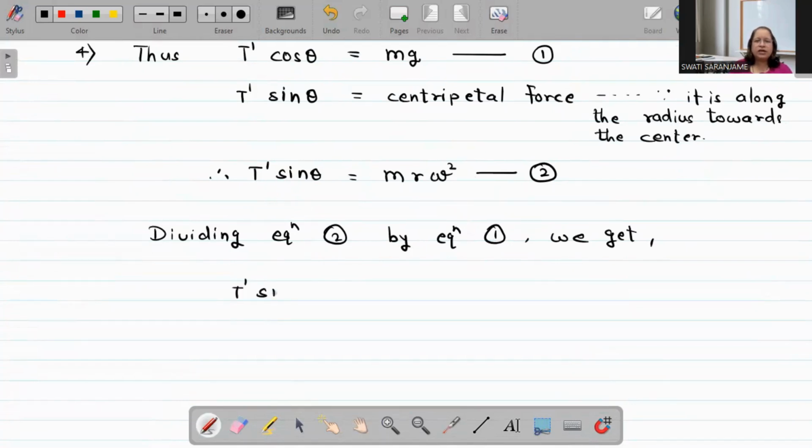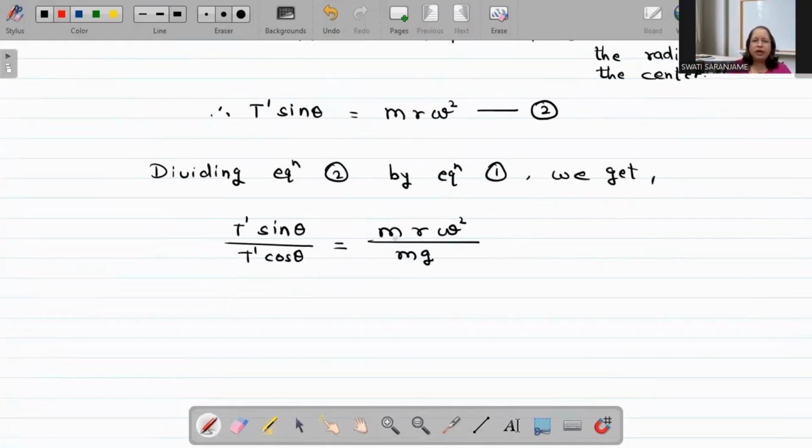T dash sine theta divided by T dash cos theta, the left sides of equations 1 and 2, is equal to m r omega square divided by mg.